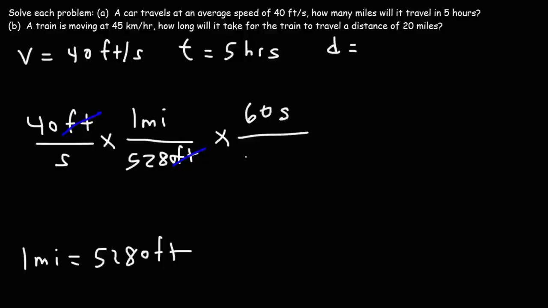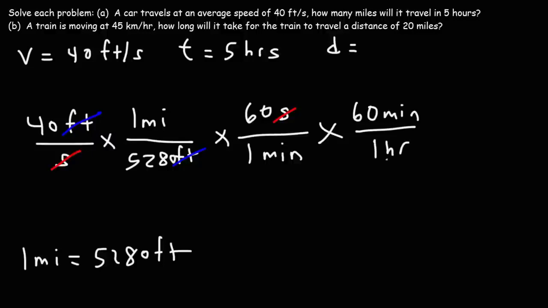There's 60 seconds in 1 minute. And so we could cross out the unit seconds. And there's 60 minutes in a single hour. So that's how we can convert from feet per second to miles per hour.